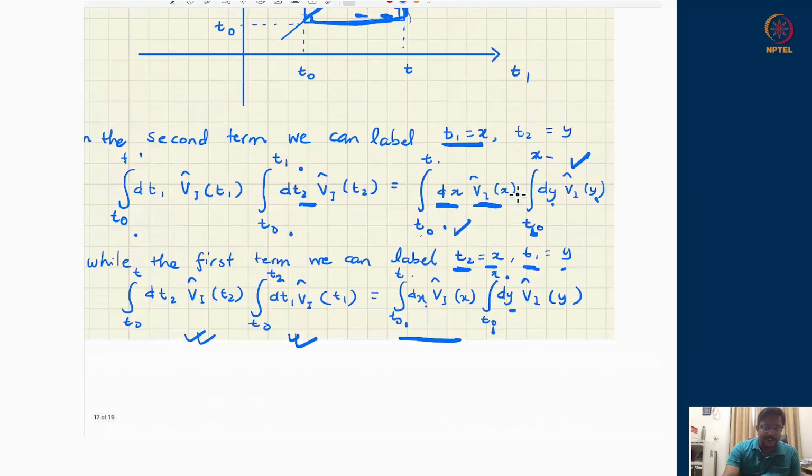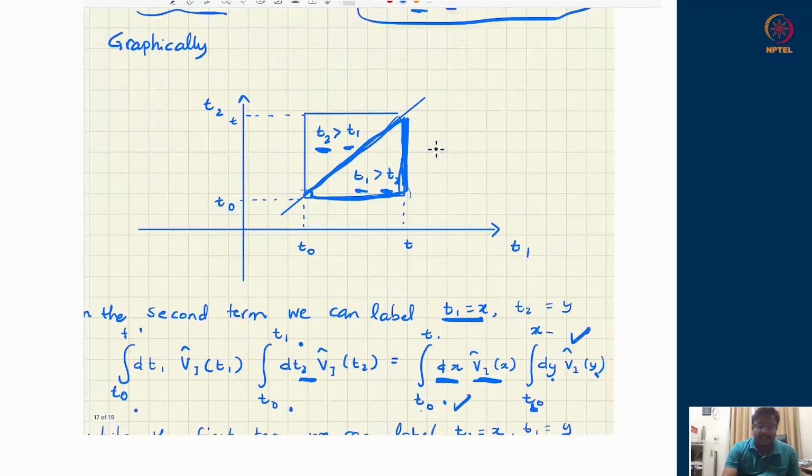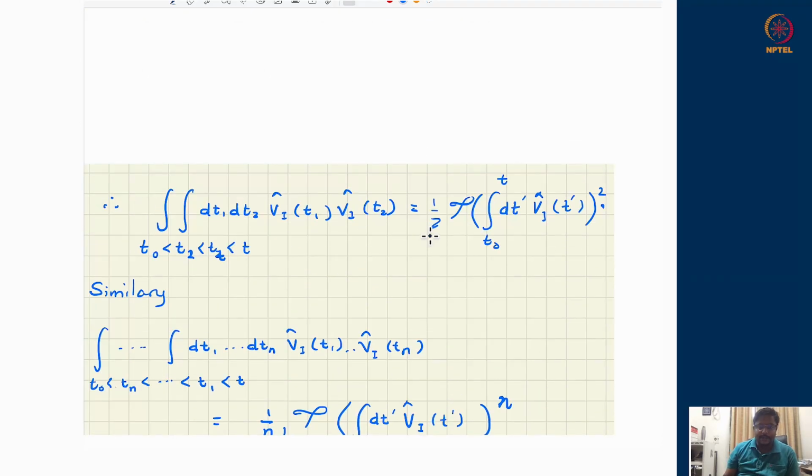So the double integral which was appearing in my unitary is just the lower triangle double integral we just obtained, which is 1/2 of the full square, both the limits being the same. Therefore, I can write the first term after identity as 1/2 of the whole square of the integration of the interaction picture Hamiltonian. Remember, the interaction picture Hamiltonian is just vi. Okay, so this is what we get.